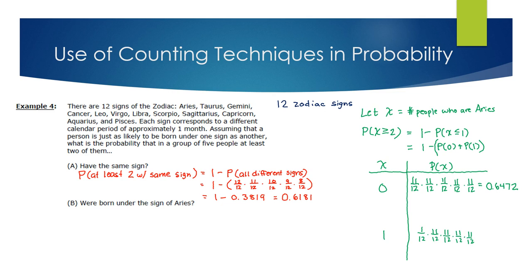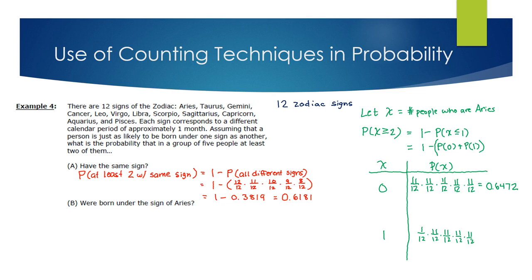when I'm mapping it out this way, that's also considering the order in which they're being chosen. So for this one here, if I just looked at that, it's just the probability that the first person chosen is an Aries and the next four are not. That's not the only circumstance where I could possibly have one person being an Aries and four people are not.